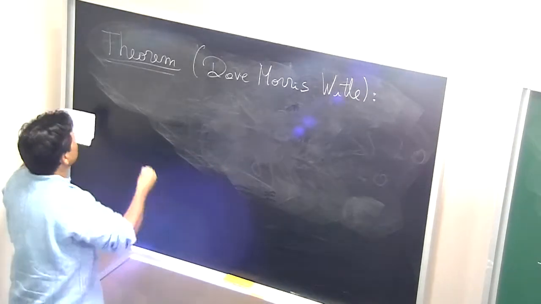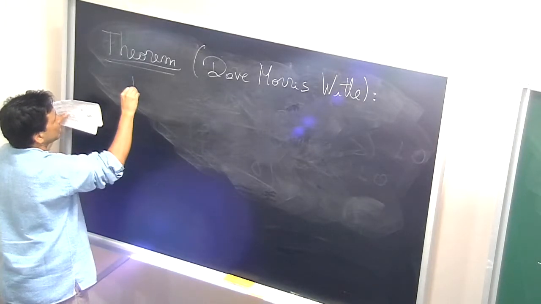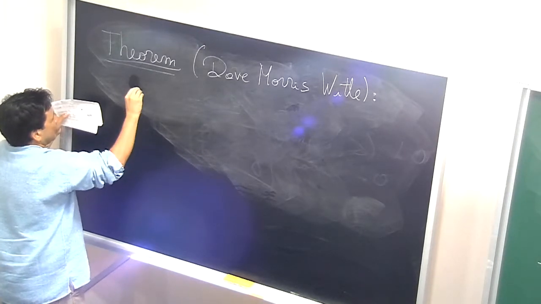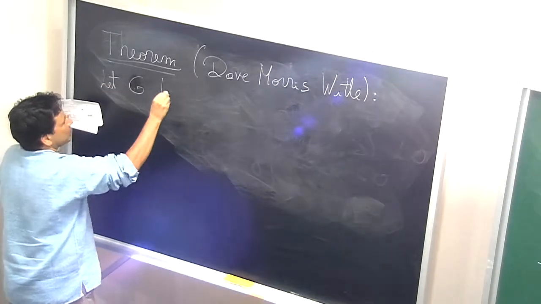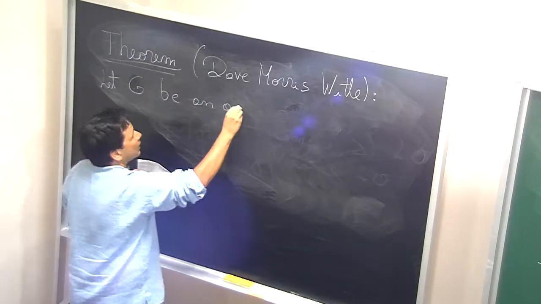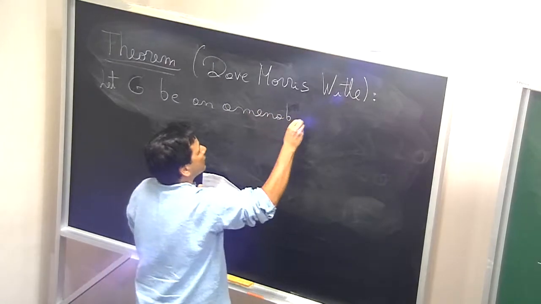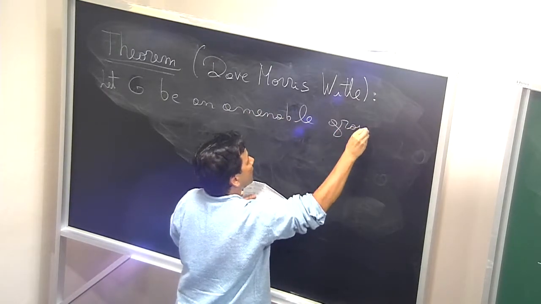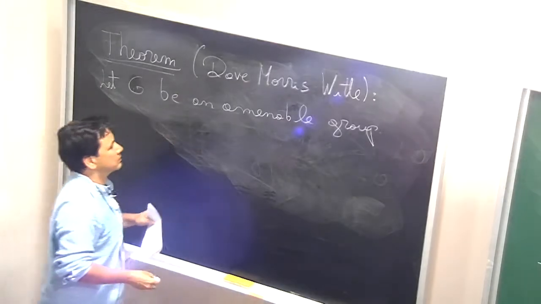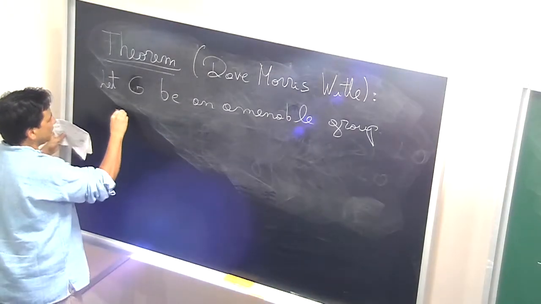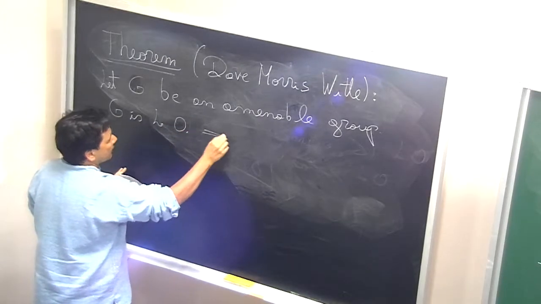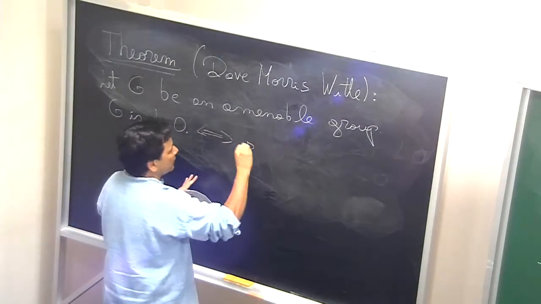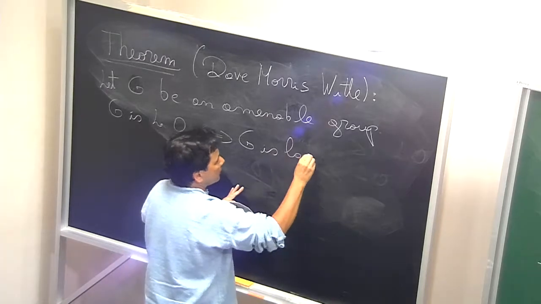So I can use the word amenability. Let G be an amenable group, and then G is left orderable if and only if G is locally indicable.